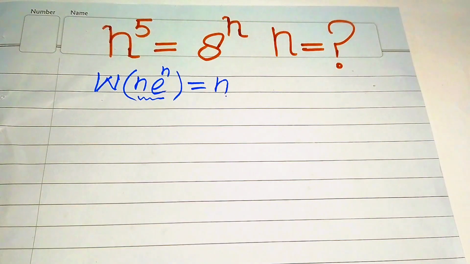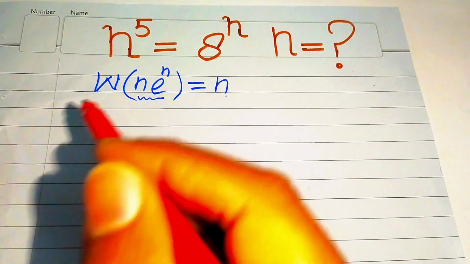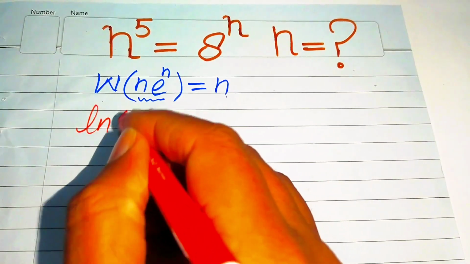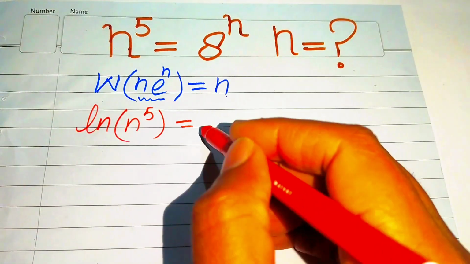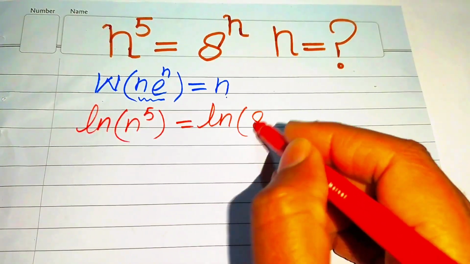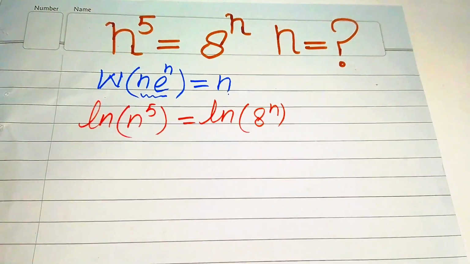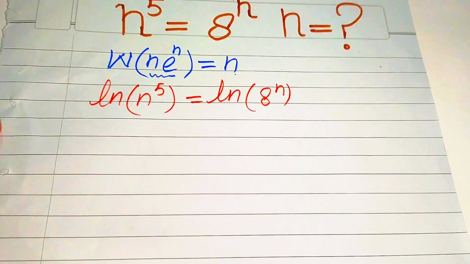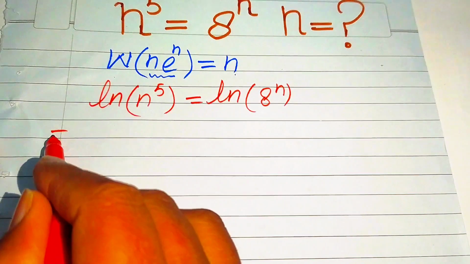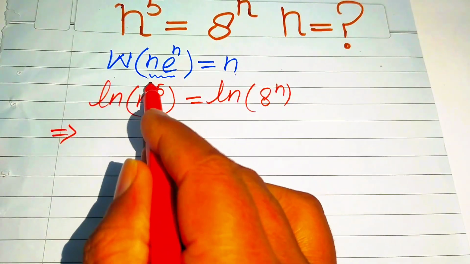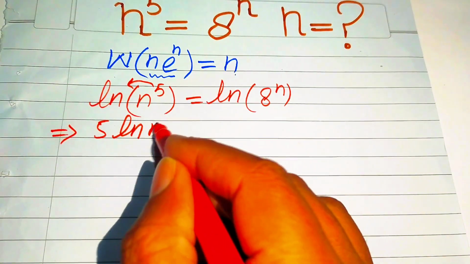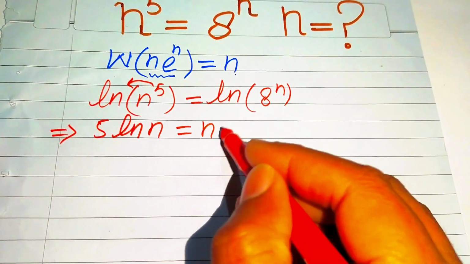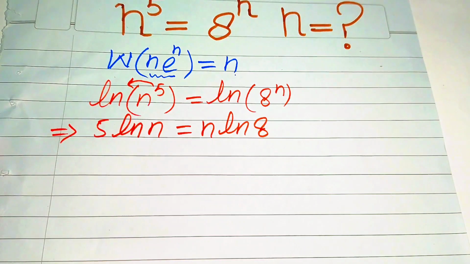The very first thing we are going to do is take the log on both sides of the given equation, and we get log of n to the power of 5 equals log of 8 to the power of n. In the next step, we use the nice property of logarithm and move this 5 to the front of the log, and we write it as 5 times log n equals n times log 8.